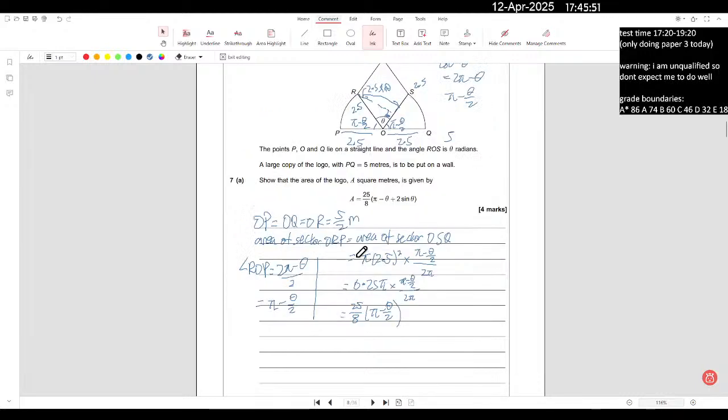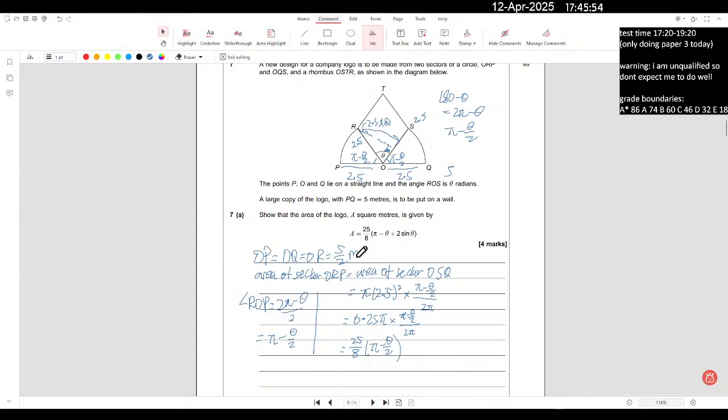Two pi is 360, not 180. Yeah, I know that pi is 180. This isn't a straight line 180.